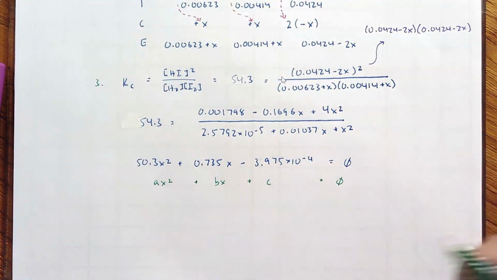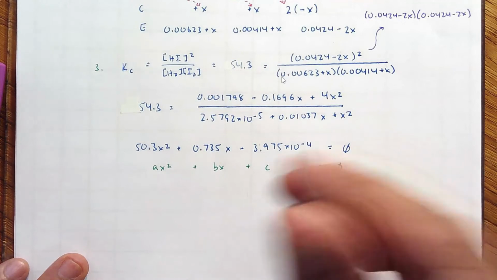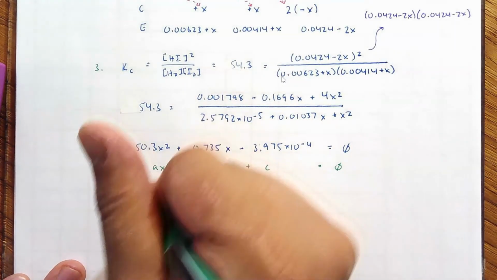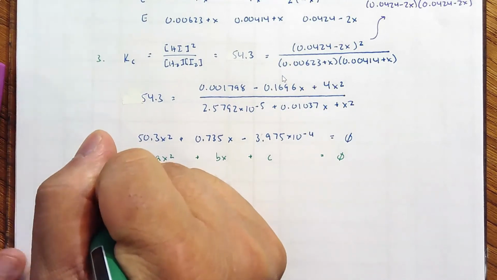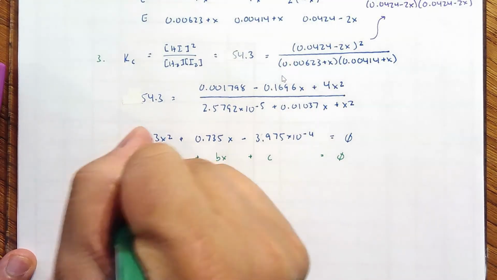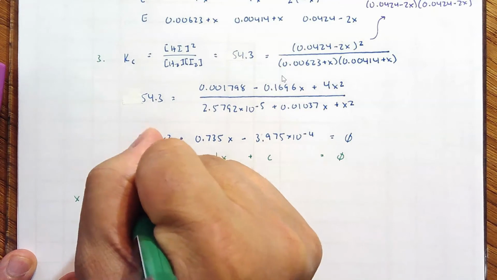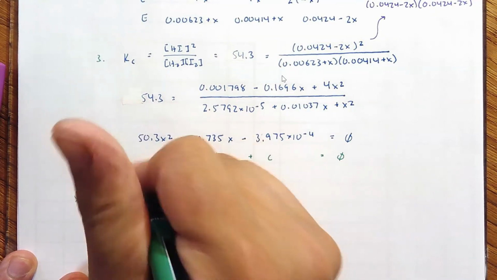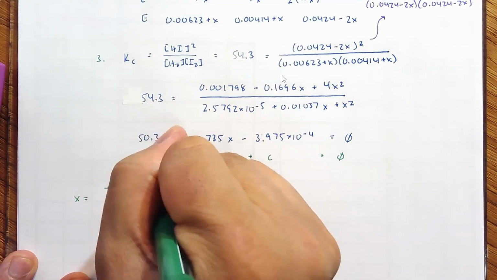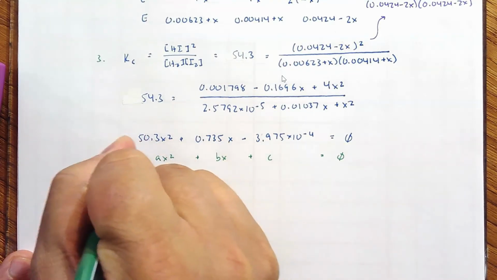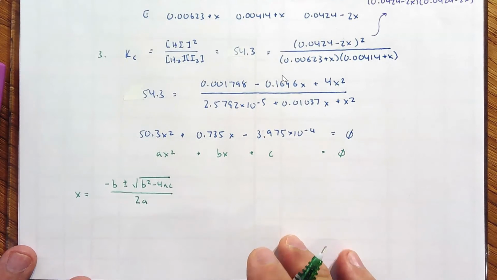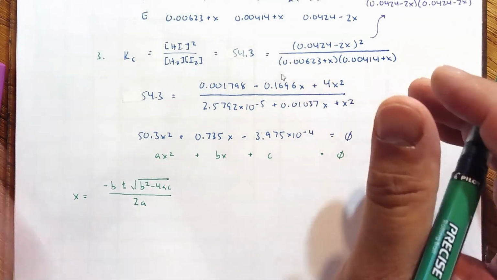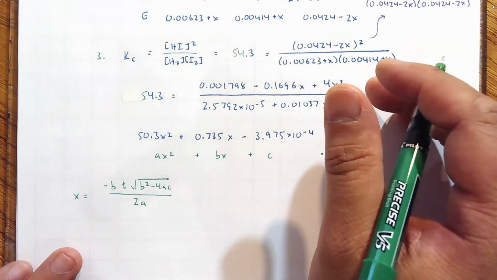This is a way to solve for x. And the quadratic equation, I'll write off to the side, is x equals negative b plus or minus the square root of b squared minus 4ac, divided by 2a. There are quadratic solvers on the internet.